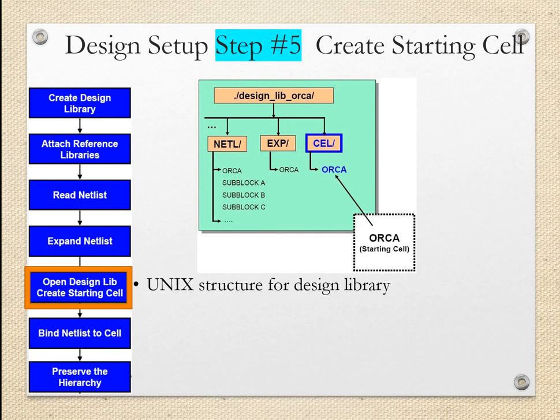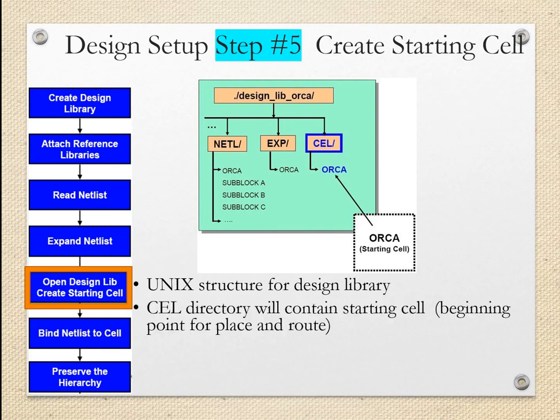The Unix structure for the design library is used. The cell directory will contain the starting cell, that is the beginning point for place and route. And we have the graphical, that is CEL, the netlist, that is NETL, and the expanded, that is EXP files. Netlist, expanded, and then the graphical.